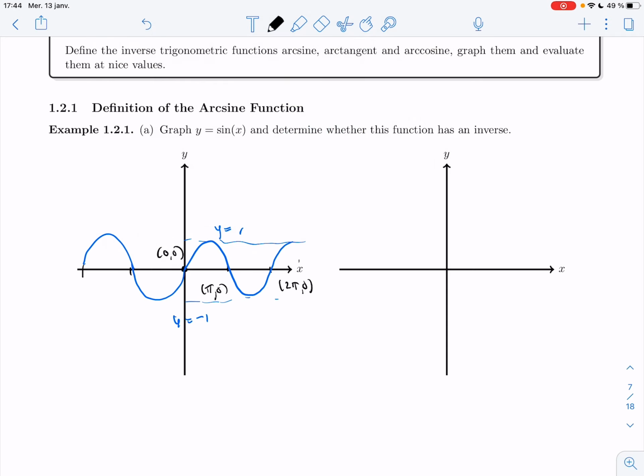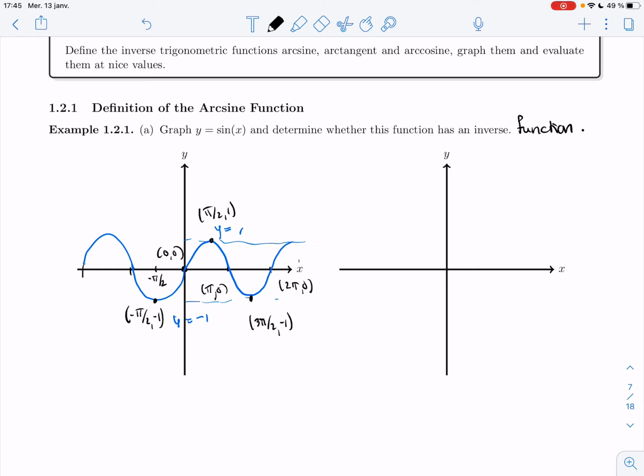All right, let me highlight a few points. This point is at minus pi on 2, so it's minus pi on 2, minus 1. This is 3 pi on 2, minus 1. This is pi on 2, 1. All right, so we want to know if this function has an inverse function. Let's put function just to really make a point here.